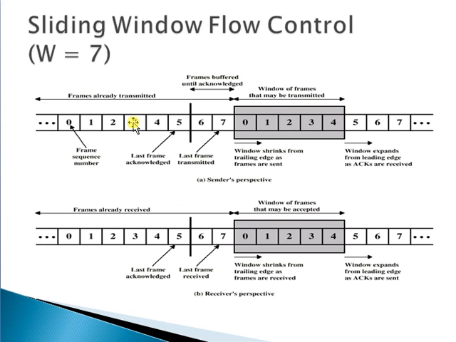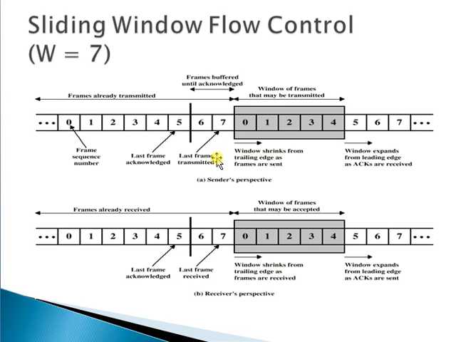Let's see a flow where frames 0 to 7 have already been transmitted. These are the frame sequence numbers 0 1 2 3 4 5 6. Frames 0 to 7 have been sent, but the last acknowledgement received from the receiver is the 5th, and this is the last frame transmitted.